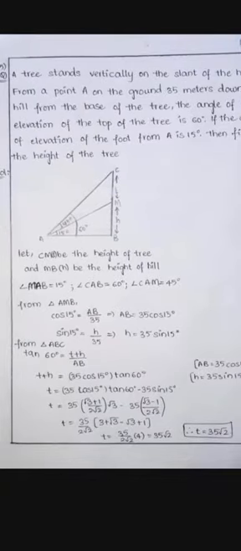As we discussed, let CM bar be the tree of length T meters and BM bar be the hill of length H meters. The angle of elevation to the foot of the tree is angle MAB, which is 15 degrees.